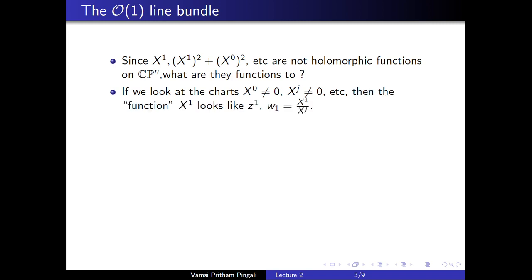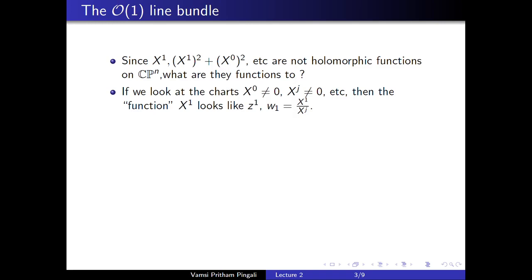So on the chart where x0 is not 0, notice that x1 is x1 over x0 times x0, and x1 over x0 is the coordinate z1. Likewise, when xj is non-zero, x1 is x1 over xj times xj, and x1 over xj is the coordinate w1.